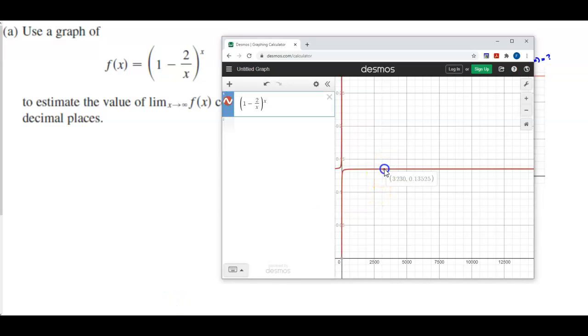If I put my cursor on here, you can see the x values as they get larger and larger, right? We can see the y value is at 0.135. So again, as we get closer and closer to positive infinity, we see that it's getting to 0.135, 0.135, and so on. So there we can see that it's approximately 0.135.